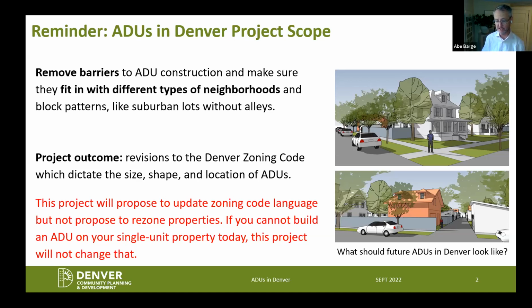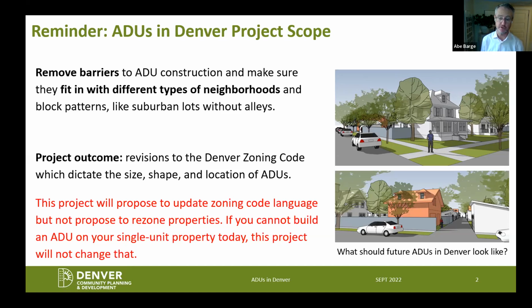And I think where it gets a little confusing is that outside of this project, as probably most of you know, there are separate efforts to rezone properties to allow ADUs. That Christine mentioned, for example, the council members, Councilwoman Sandoval has been most proactive, have proposed to rezone portions of their districts to allow ADUs.